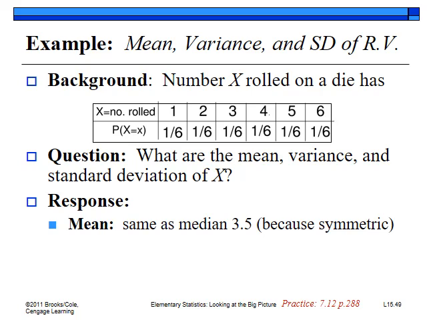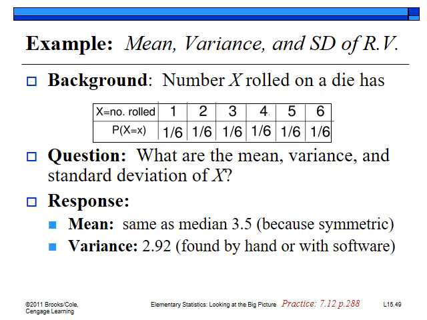Well, we can compute those. The mean and the median are both 3.5. We can get that just by looking because of the symmetry of the probability distribution. Everything is 1/6 on both sides. So the number right in the middle would be 3.5. The variance we can find using our calculator or using Excel is 2.92.